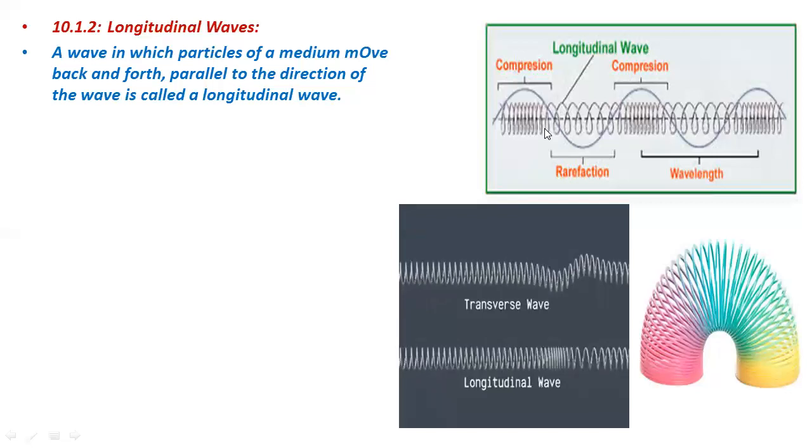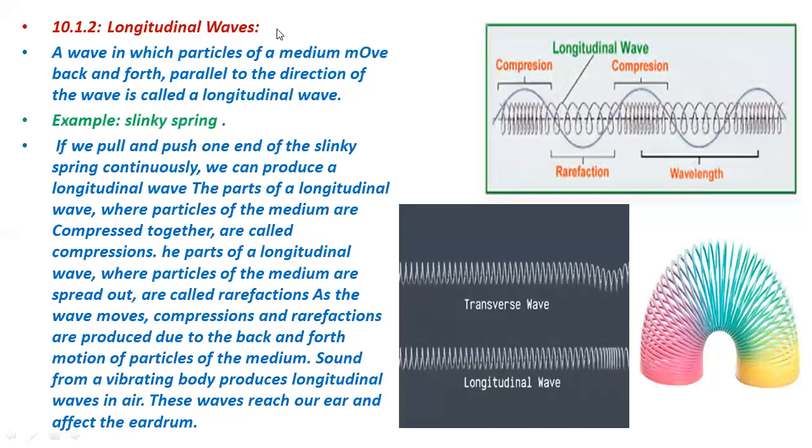So in the slinky spring, compressions and rarefactions are produced. An example of a longitudinal wave is the slinky spring. If we pull and push one end of the slinky spring continuously, we can produce a longitudinal wave.